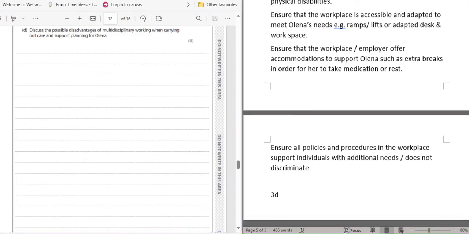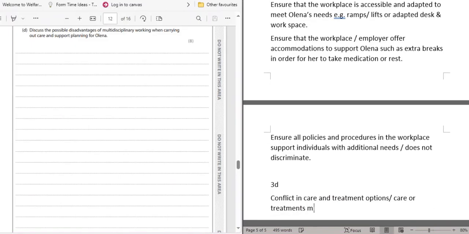So some of the issues you might get is conflict in care and treatment options, and that obviously might mean that care or treatments might clash and not be compatible.